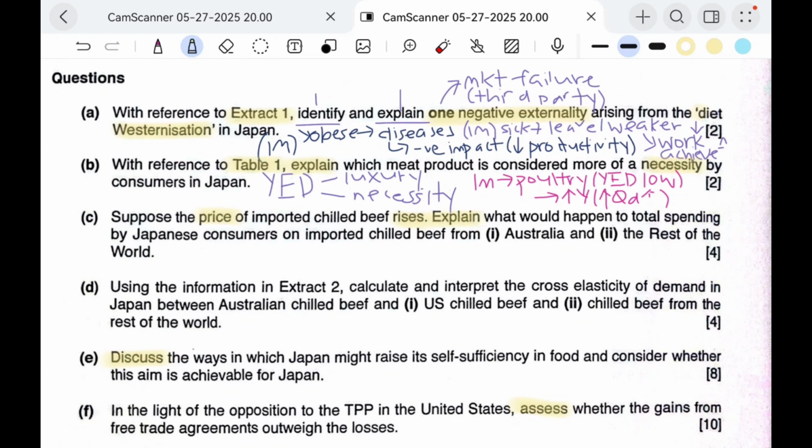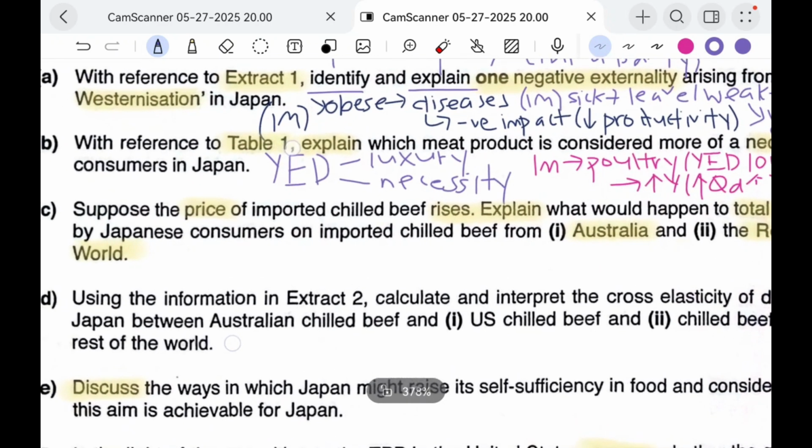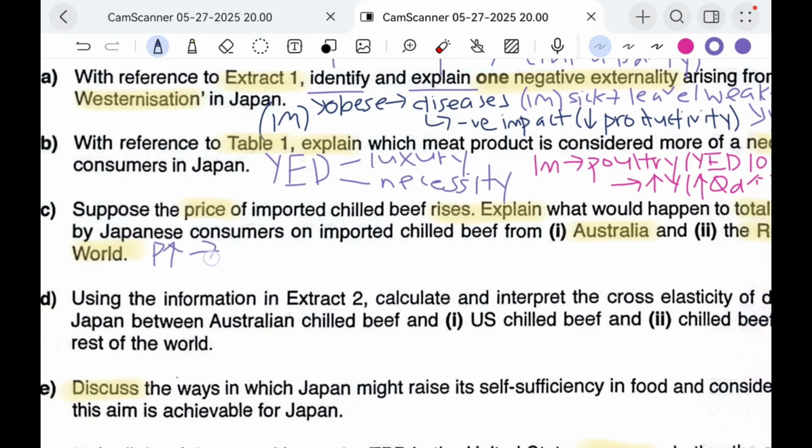Explain what would happen to total spending by consumers on imported chilled beef from Australia and the rest of the world. Okay, so here you will need to think a little bit more because how does price increase lead to your spending increase?